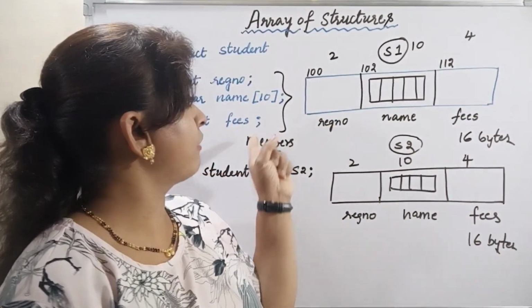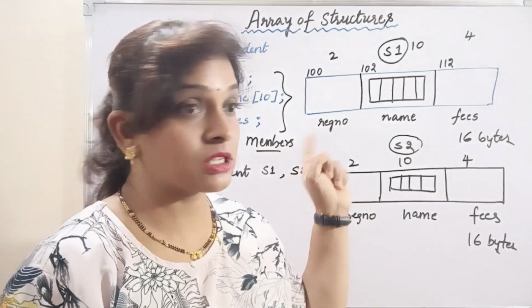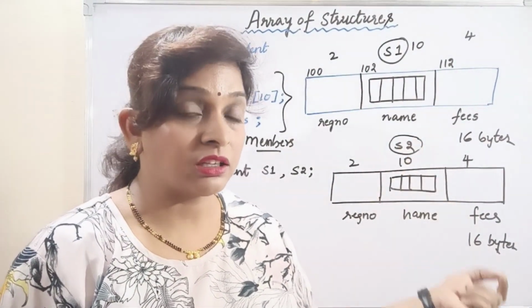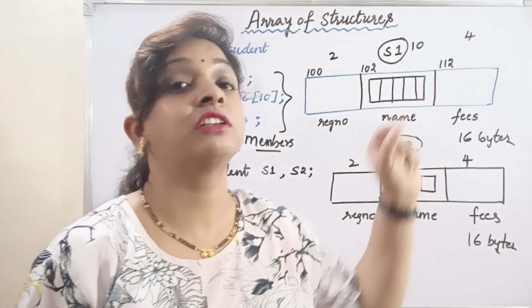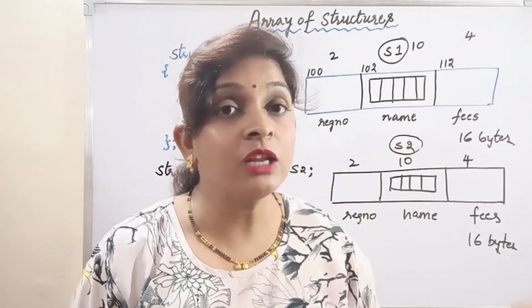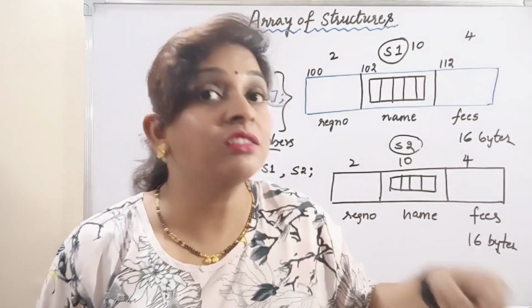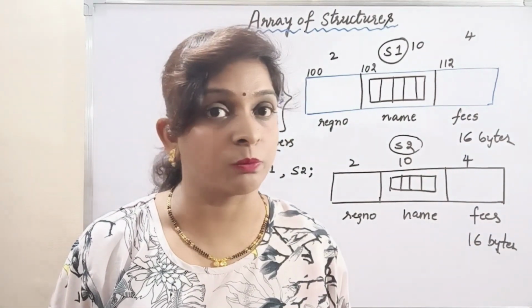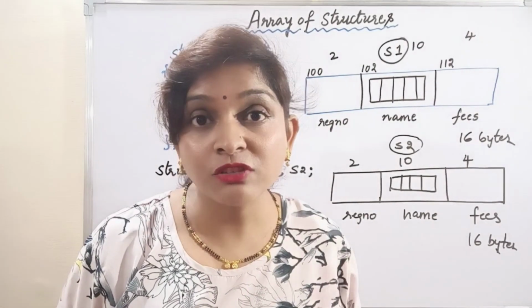Just imagine you have 10 structure variables with 10 members. It's quite difficult to manage individual variables and access every member of the structure. So what is the solution for this?